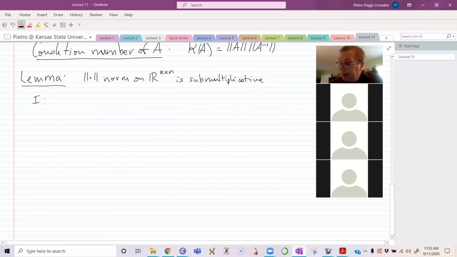Then if you have a matrix X of norm strictly less than 1, then if you perturb the identity by X, you still are invertible.